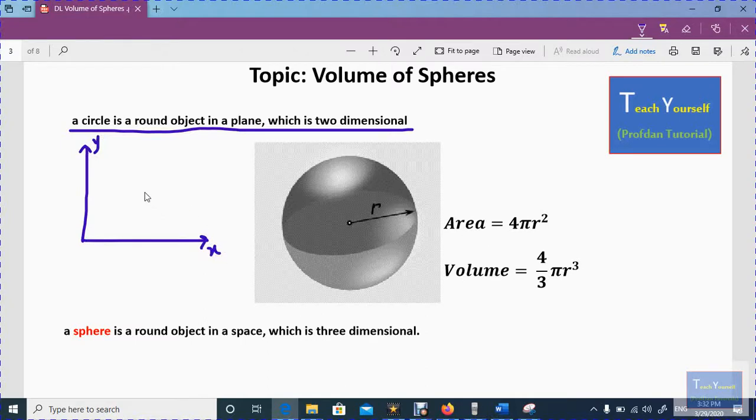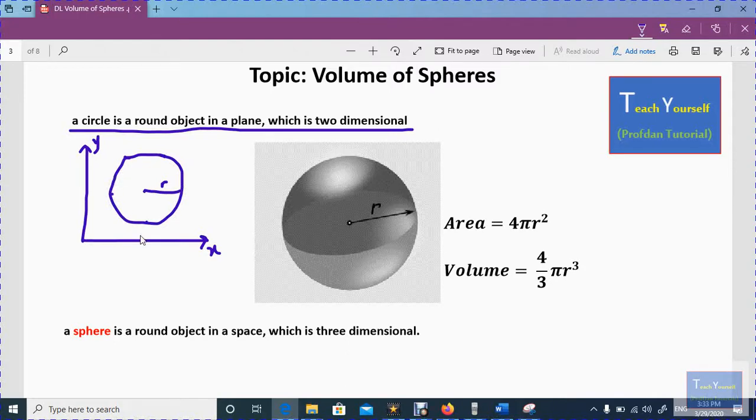When you have a center point, all points on this plane that are equidistant from the center point give a circle. Equidistant from the center point, which gives us the radius. So all these points joined together would definitely give a circle. So this is a circle. Don't mind, my drawing is not perfect though.